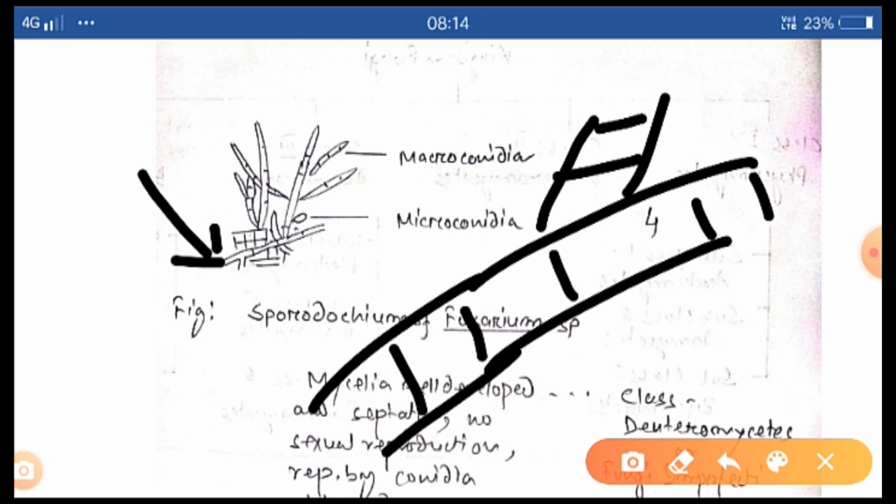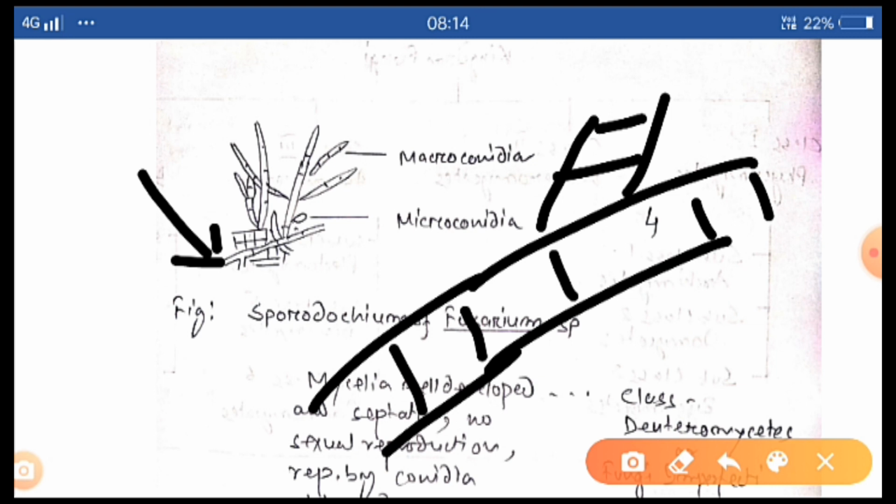Now we are discussing the septate fungi. These septate fungi cannot perform sexual reproduction. Hence it is imperfect, and it is also termed as fungi imperfecti. These imperfect fungi are placed under the class Deuteromycetes, and this class is not divided into any further subclasses.